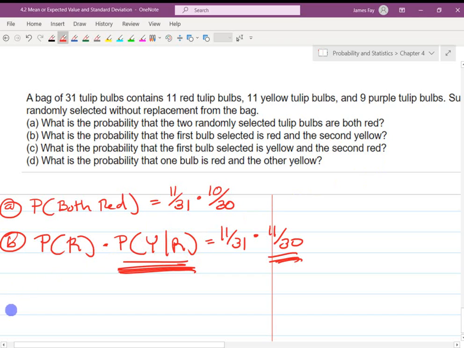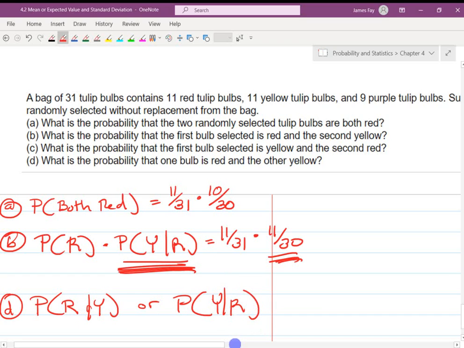Part D, though, is usually the part that we have questions on, right? It says, what is the probability that one bulb is red and the other is yellow? So here, this idea is the probability that the first one is red, given that the second one is red given the first one was yellow, or the probability that the second one is yellow given the first one was red.